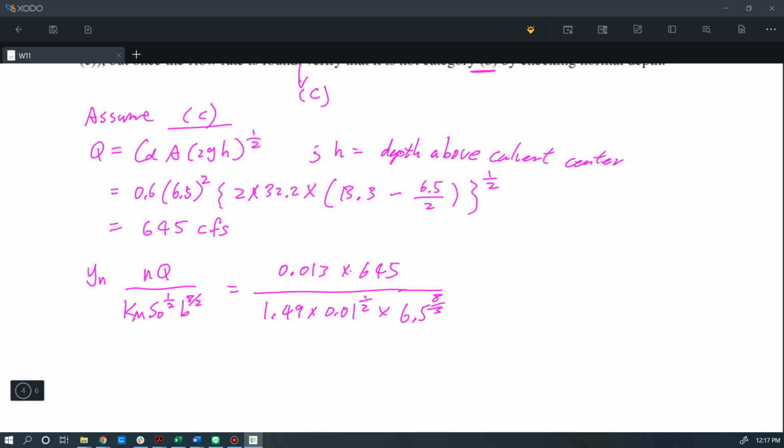Okay, so you can get that this number is 0.38.